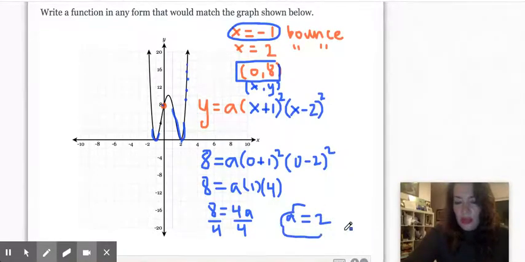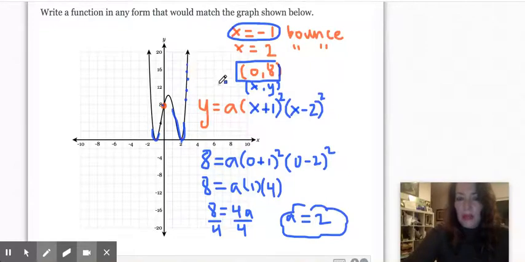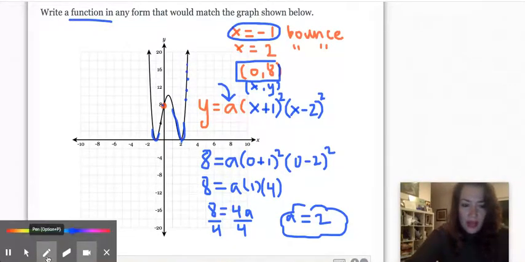Once we know the a value, we can plug it back into this equation, and then we have our function which will match the graph. So let's go ahead and do that.